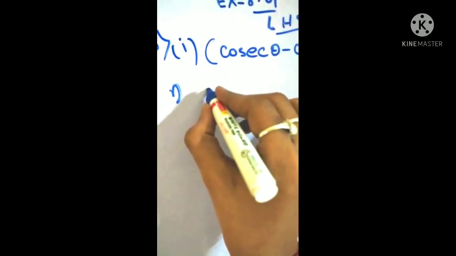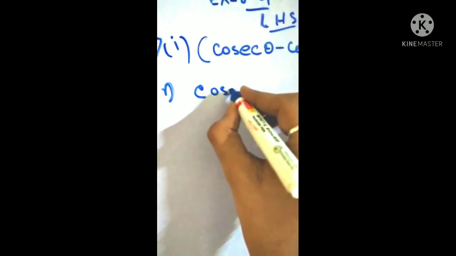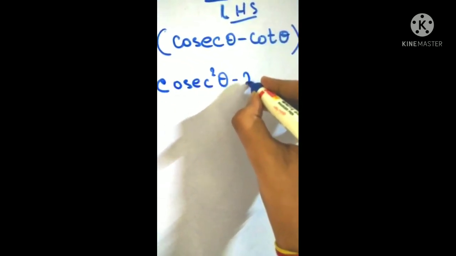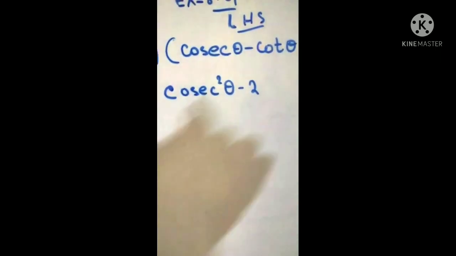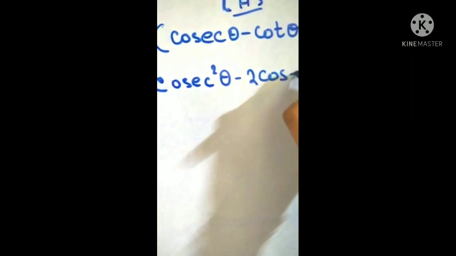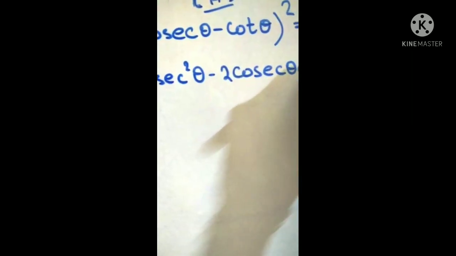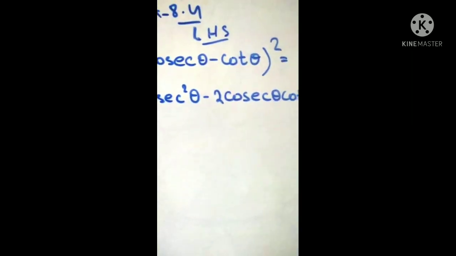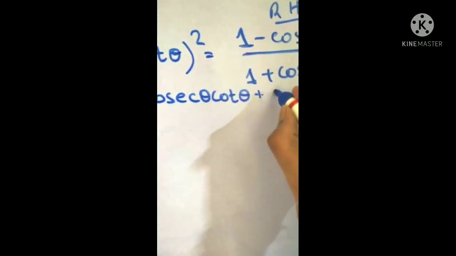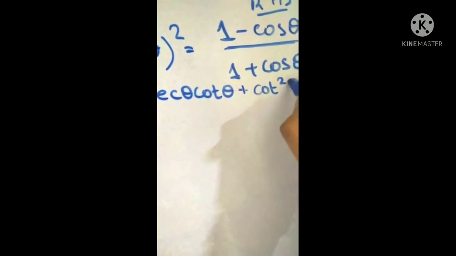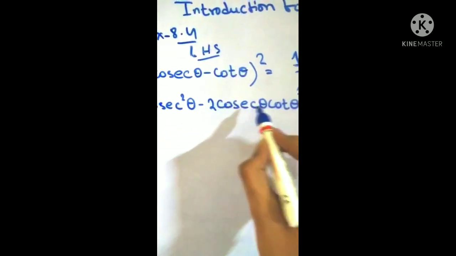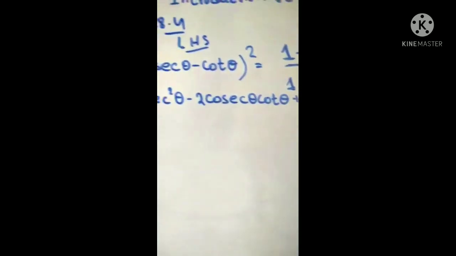Here A is cosec theta, so A square minus 2 cosec theta cot theta plus B square, that is cot square theta. This one is the formula of A square minus 2AB plus B square.